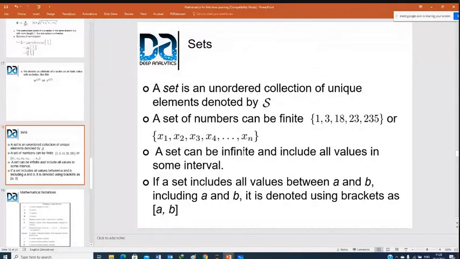A set can be infinite and include all values in some interval. If a set includes all values between A and B, it will be written in square brackets like this, say A and B. We use square brackets to denote it.